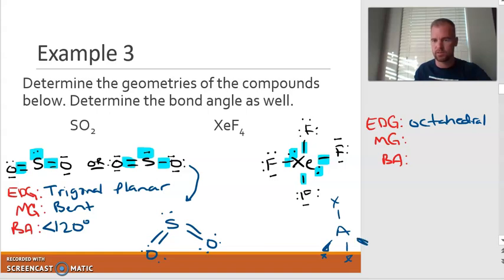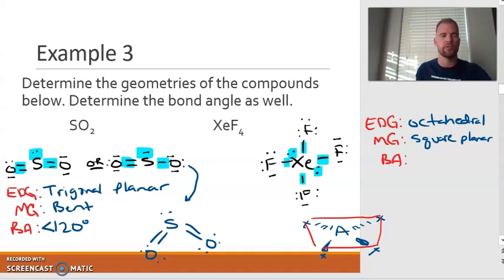Okay, so this is the octahedral shape. So those are our 6 electron domains, but 2 of them are lone pairs, and specifically it'll be the ones that are on top and bottom. So what are you left with? Well, you're left with this flat square, right? So that's why we call this molecular geometry square planar.